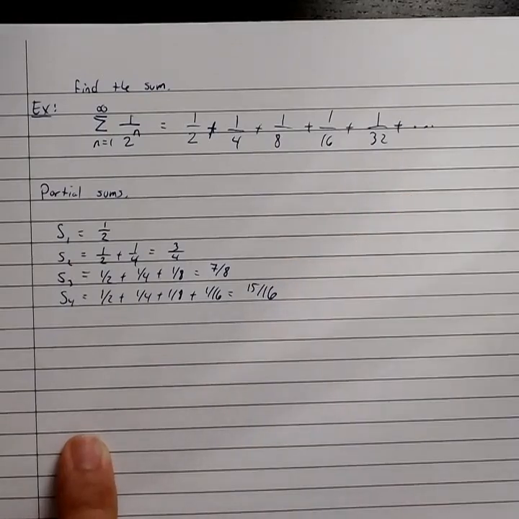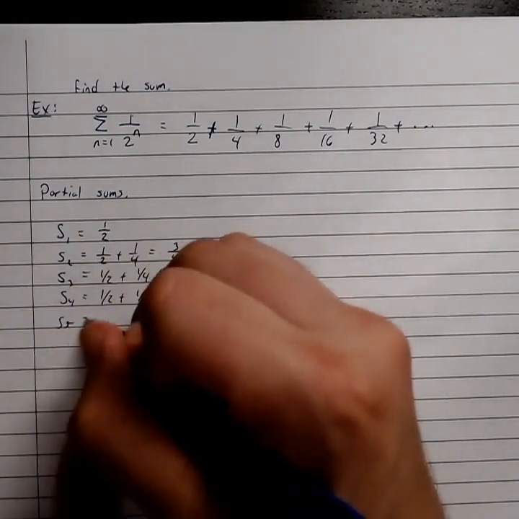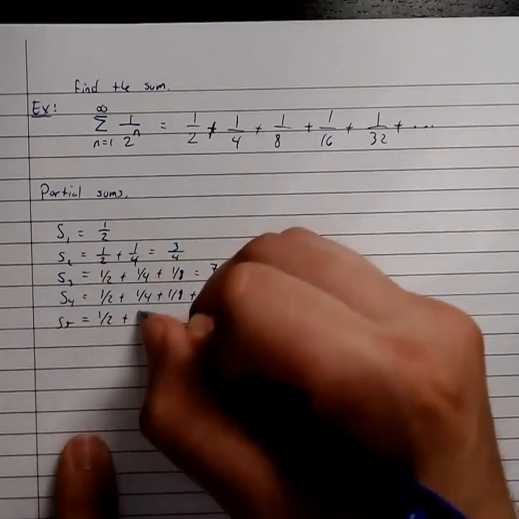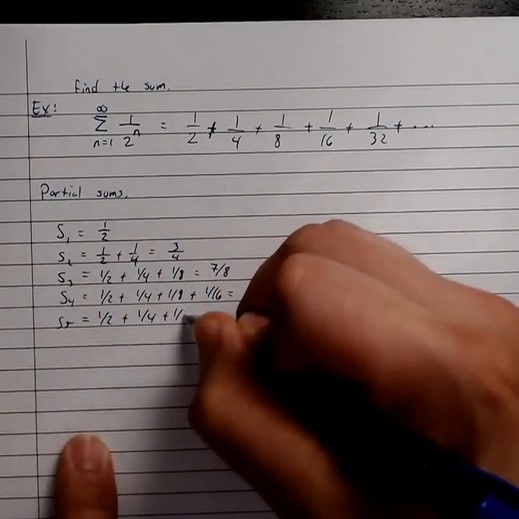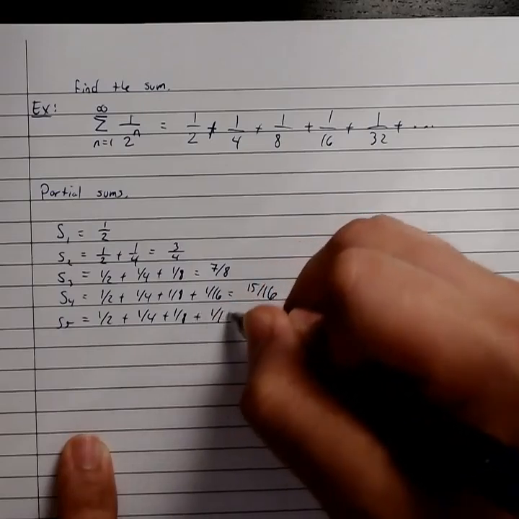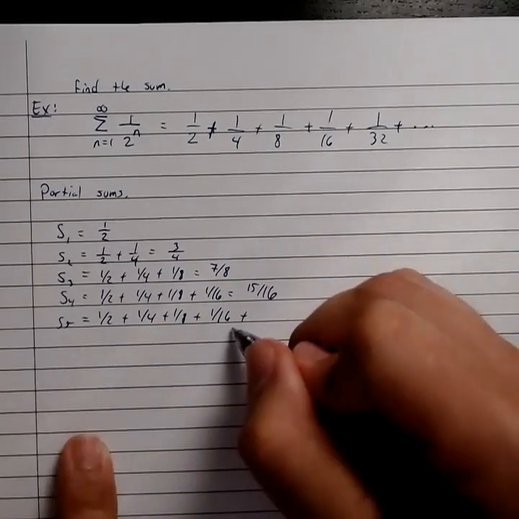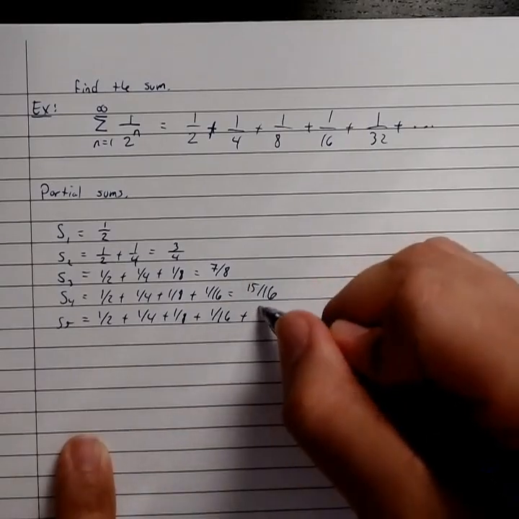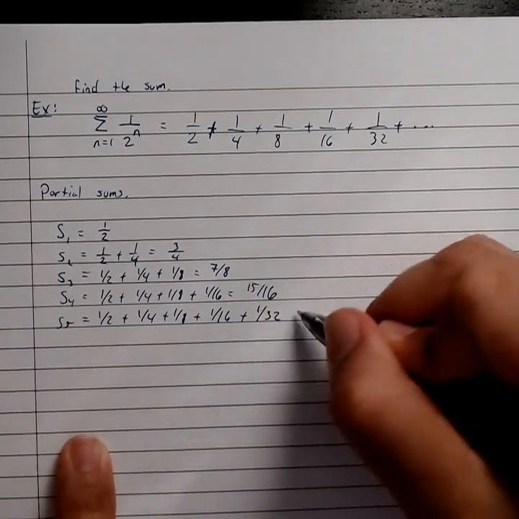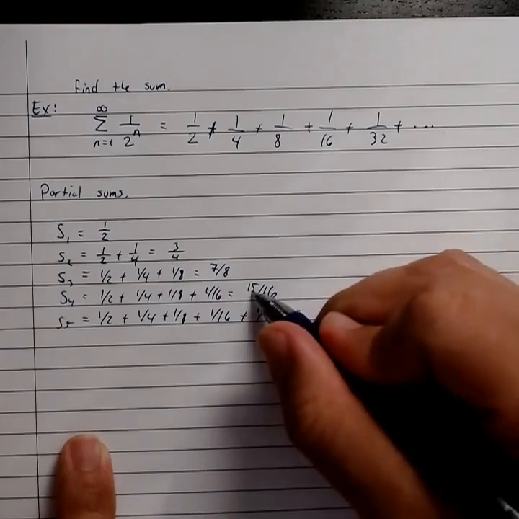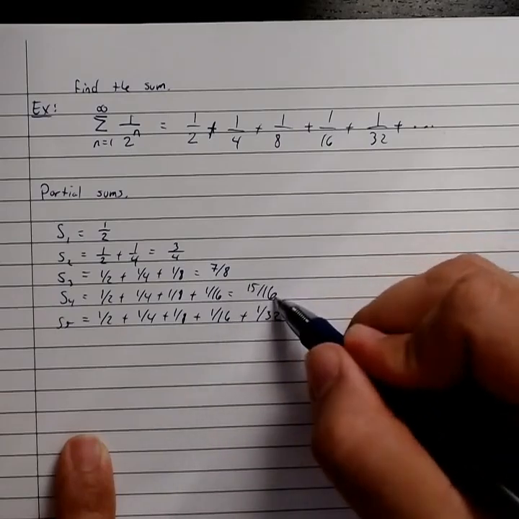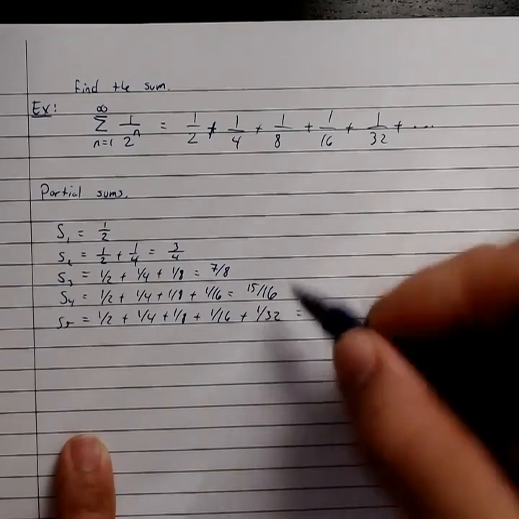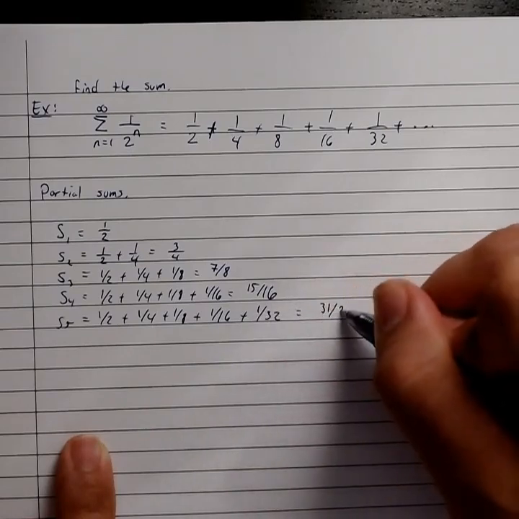And let me do one more just because I can. If I add together the first 5 terms, well, the first 4 are the 15/16. But then we're going to add one more term, which is 1 over 32, which is going to give me 30 over 32 plus 1 over 32, that's 31 over 32.